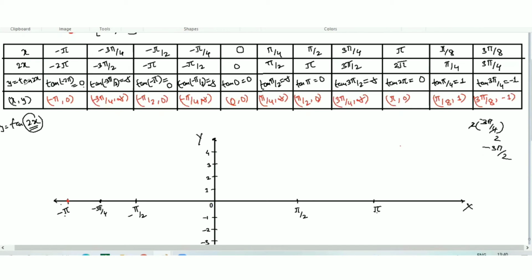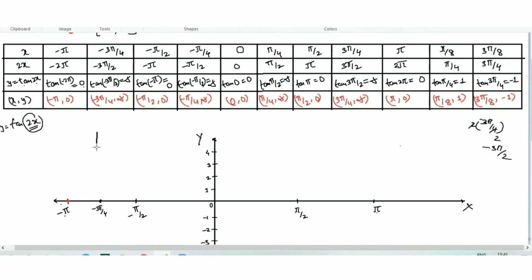Now we have to find tan of 2x. Tan of minus 3 pi over 2 gives infinity. So for x, the coordinate point is minus 3 pi over 4, and the y value is infinity. So we won't get a point here. We will get infinity, nothing here, so we have to draw the asymptote line here.